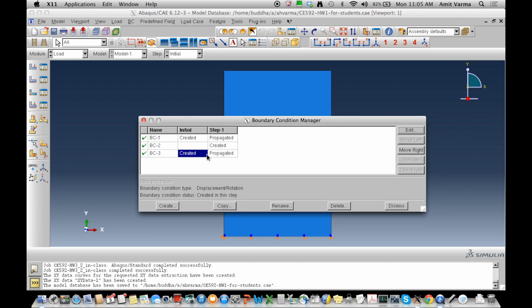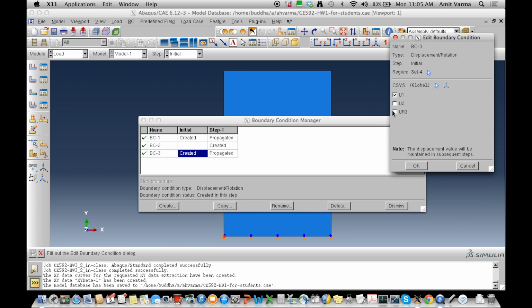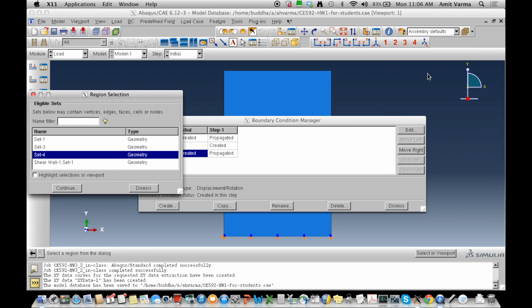There are different ways I can do this, but I'm going to pick a slightly simpler way. I'm going to take that original node that I had constrained to be only in the one direction, and I'm going to constrain that whole vertical edge to have U1 equal to 0.